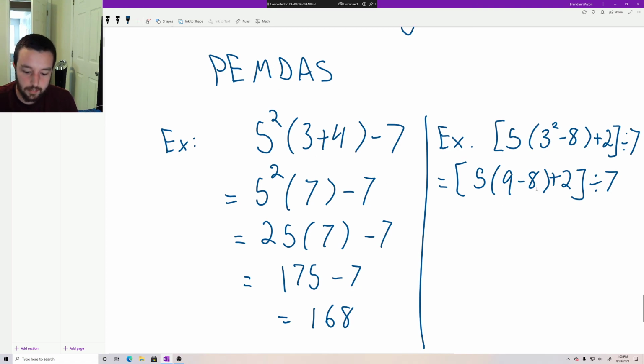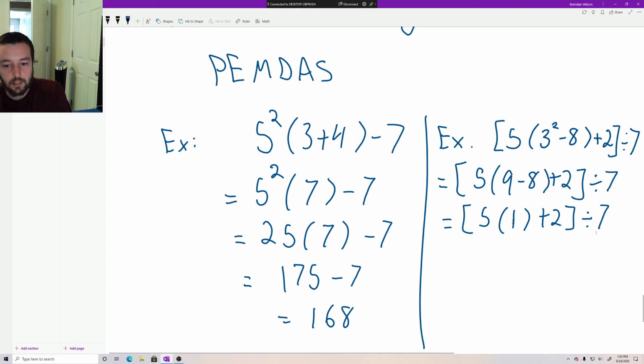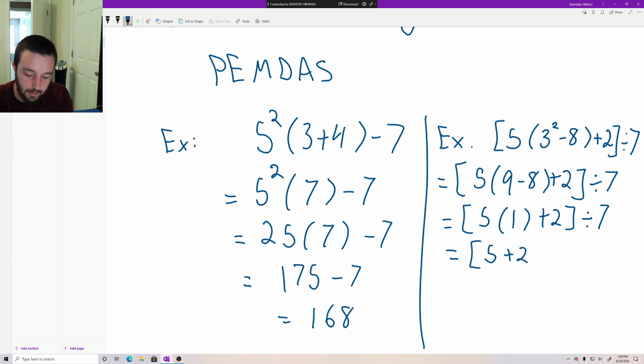Now we still want to work on the innermost parentheses, so we should do what's next, which is the subtraction, and we get 1. Okay. So now we're still working inside this parentheses. We have multiplication and addition. So multiplication is going to come first. Of course, 5 times 1 is just 5, so there's nothing really to do in this step.